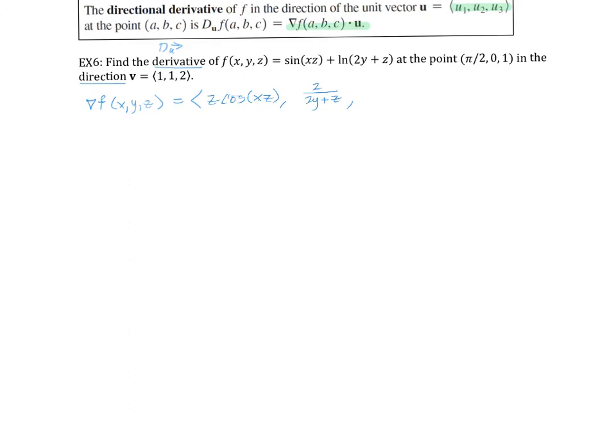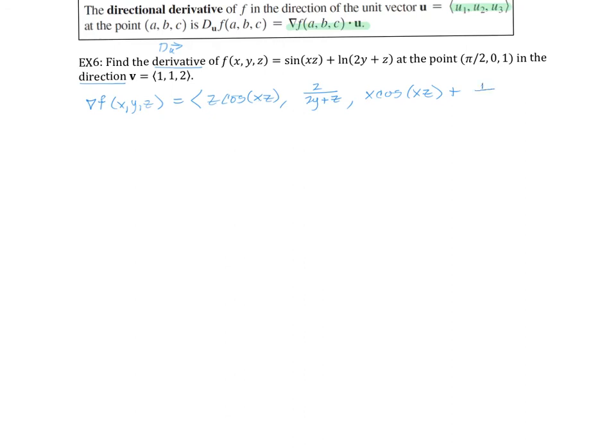The last term is with respect to z. Unfortunately, sine of xz and natural log of 2y plus z both have z values in them. So if we take the partial derivative of sine of xz with respect to z, it's going to be cosine of xz times x, which would be x cosine of xz, plus 1 over 2y plus z times the derivative of the argument, and that's just 1.